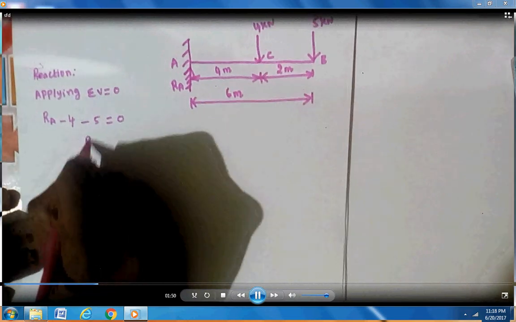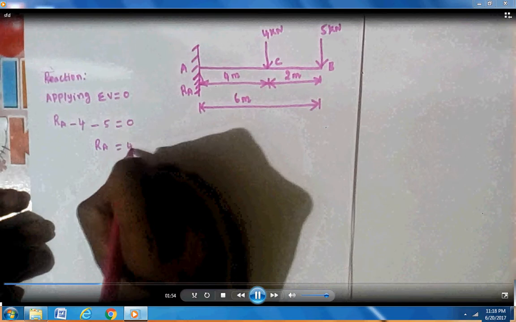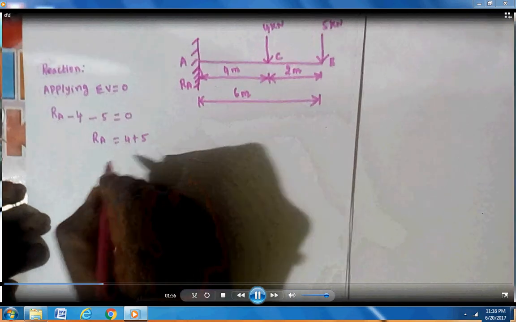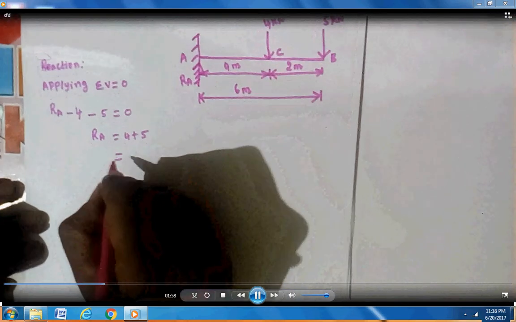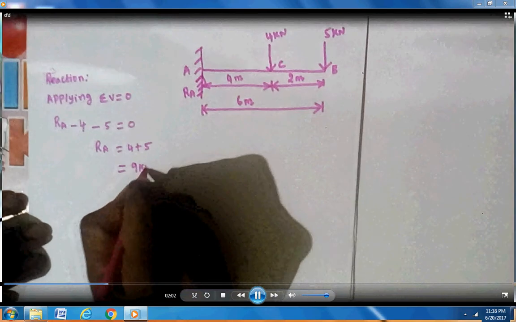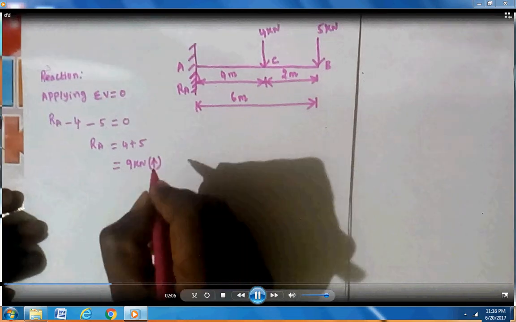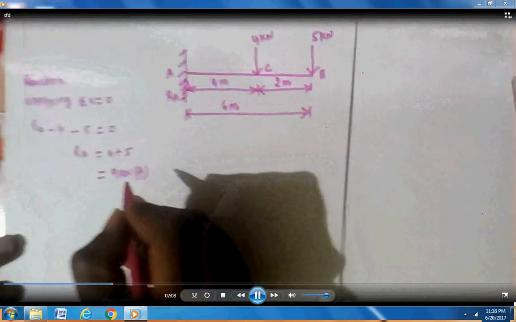RA equals, moving to the other side, plus 4 plus 5 equal to 9 kilonewton, so plus 9, acting upwards.